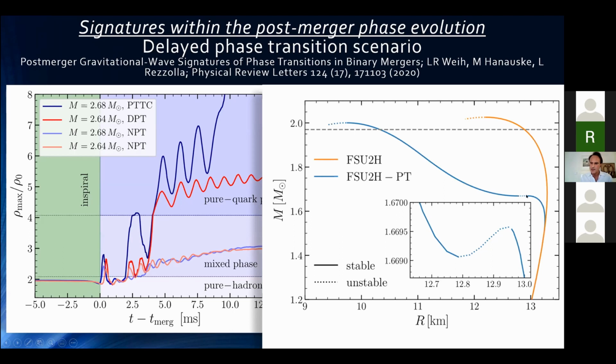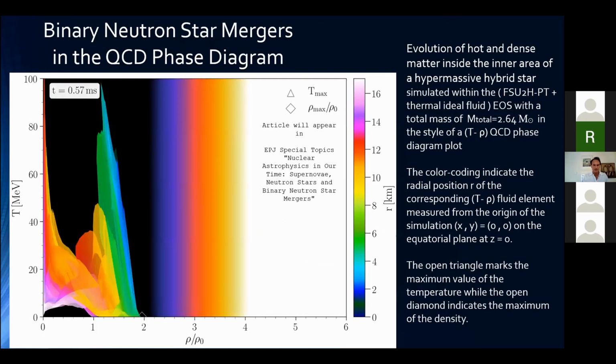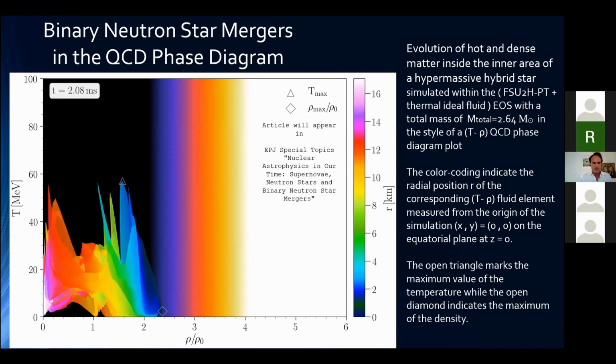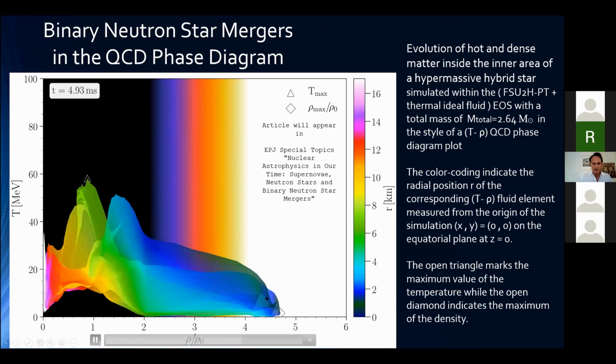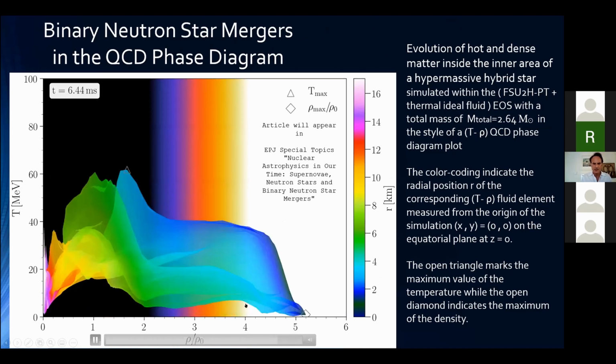So here's an unstable region, and here it goes over like this. Additionally to this cold equation of state, we have included a thermal ideal fluid component for the neutron star merger simulation. And what we saw is that when it enters the phase transition, it oscillates around here.